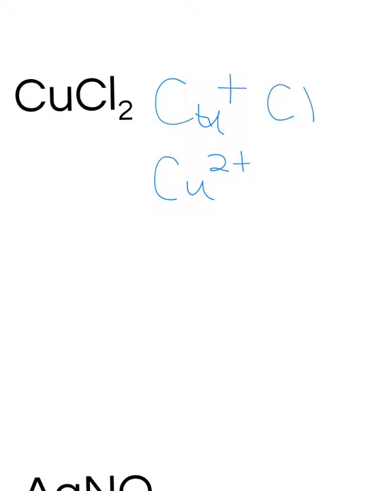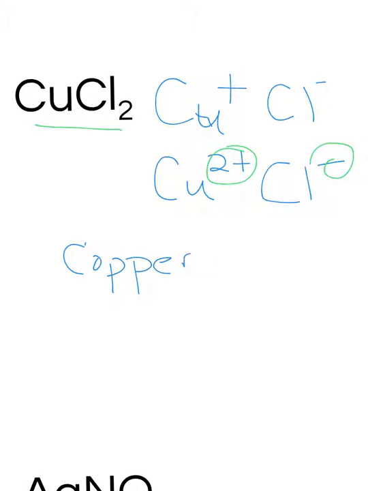Chloride, the chloride ion, always has a -1 charge in these ionic compounds. And so I can see really quickly that if I cross down this 2 from the copper and the -1 charge on chlorine, that will give me the formula that I'm looking for. And so that helps me name it appropriately. This compound is copper(II) chloride.